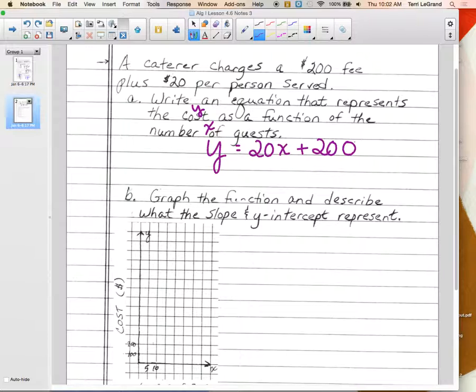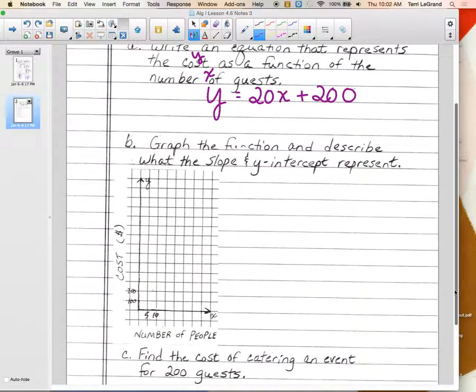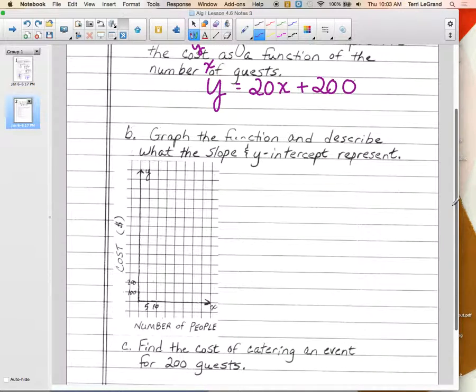The starting fee, right? Before you even calculate how many guests you're going to feed, they're going to also charge you that one fee of $200. So we've already really described what the slope and y-intercept represent, but let's write it down here. So m is 20.